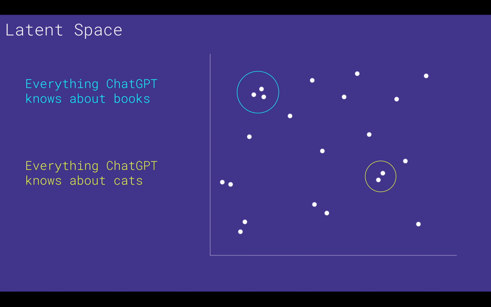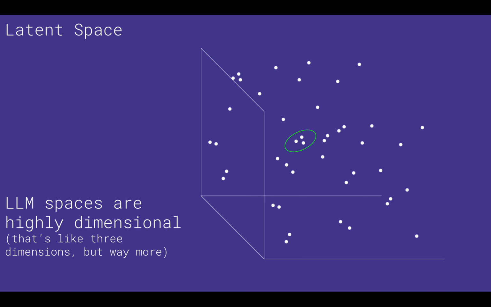And you might be looking at this and asking, well, what about spaces that are about cat books? And this is where I kind of have bad news for you. I'm representing a latent space here as a two-dimensional space just because it's easier for us to understand. But the reality is most machine learning models are what we call highly dimensional, meaning there are likely thousands upon thousands of dimensions inside this latent space.